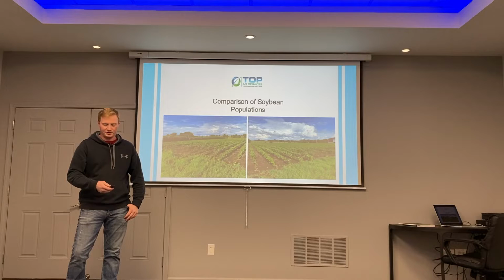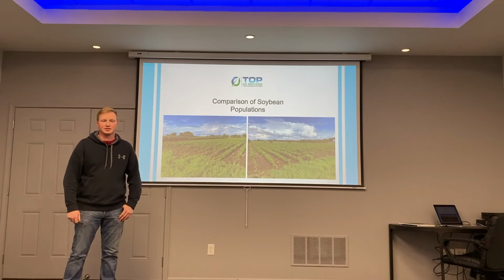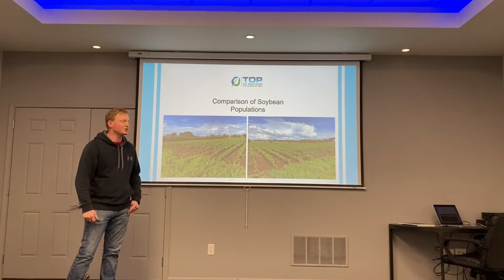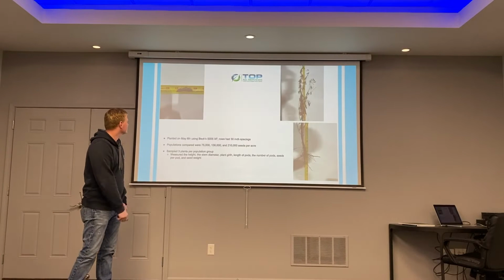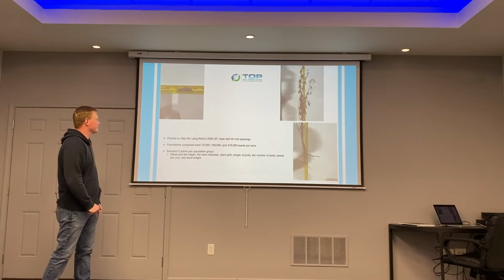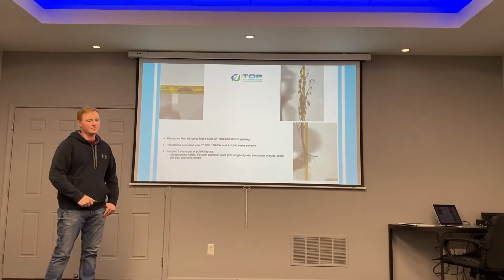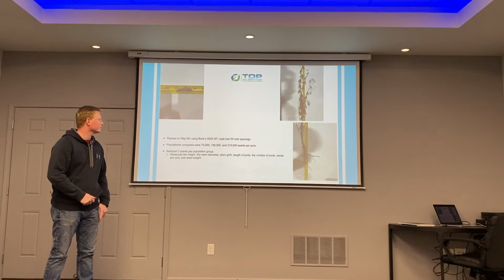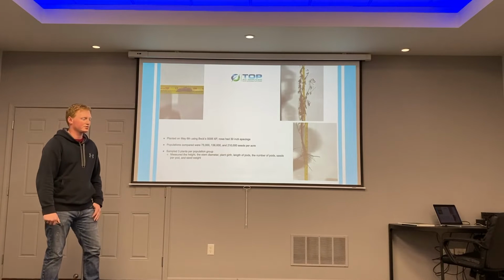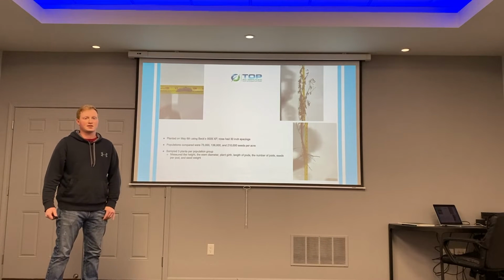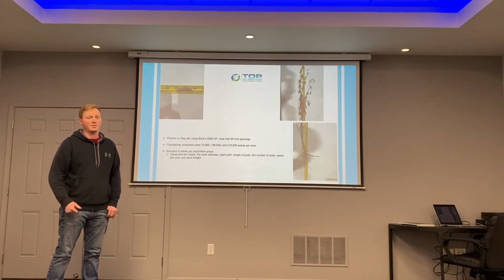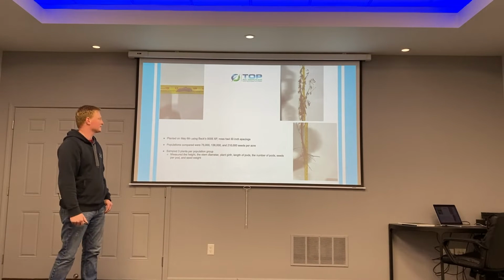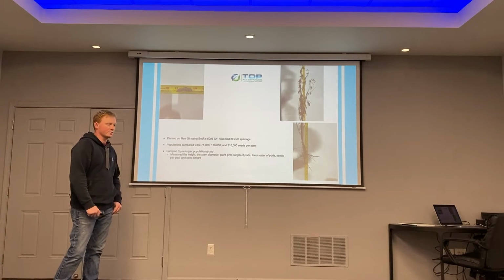So this was a research project that we were doing out in the plot north of the building here. It was planted on the 6th of May. We're using 5005 Extendiflex beans from Beck's with an 8-row planter with 30-inch row spacings in between each row. If you came to the field day back in July, you would have seen a little bit of this experiment. We showed it off a little bit.